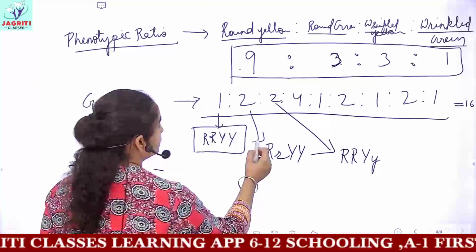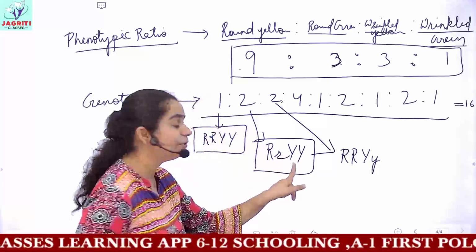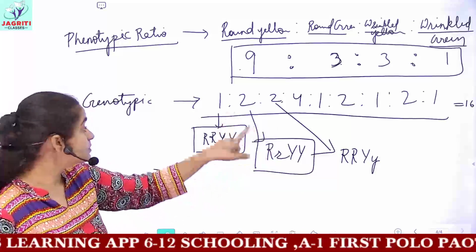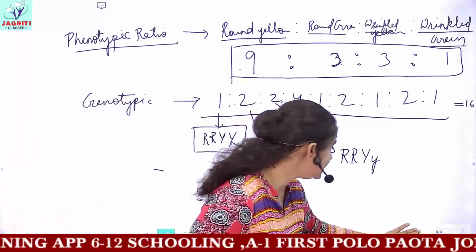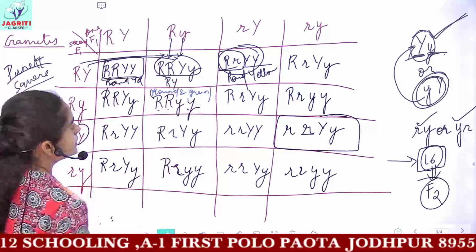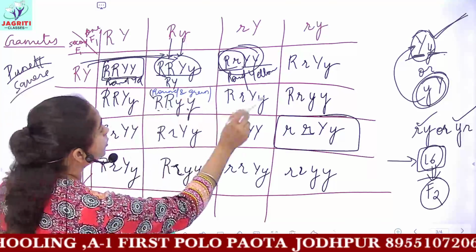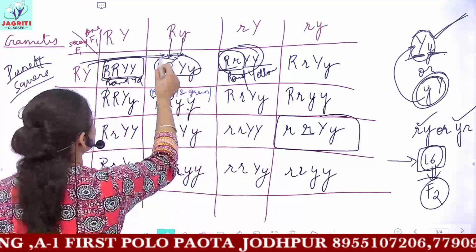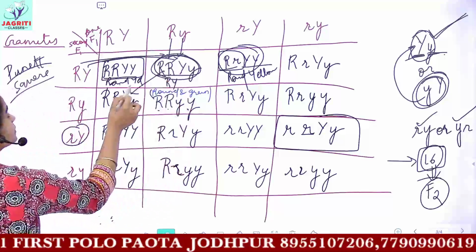Then we wrote capital R, small r, capital Y, capital Y. It comes 2 times. So let's see. You have capital R, capital R, capital Y, small y, and then there would be one more combination of this type. See, you have this combination.